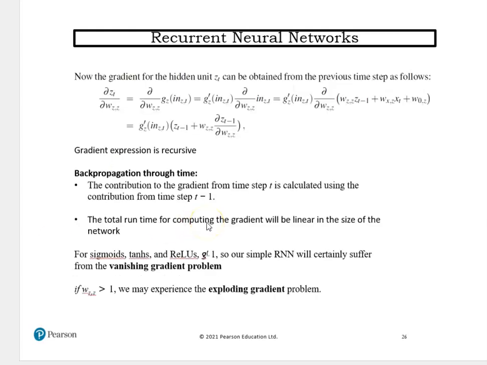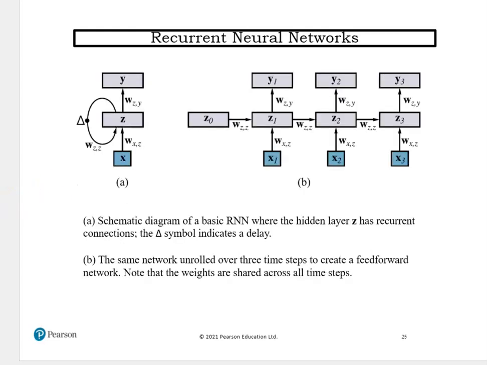So now, given a sequence of input vectors x1 all the way to xt and the observed outputs y1 to yt, and we unroll the network in t time steps, like we saw here, then it's easy to calculate the gradients to train the weights, exactly like we did with the feed-forward network.